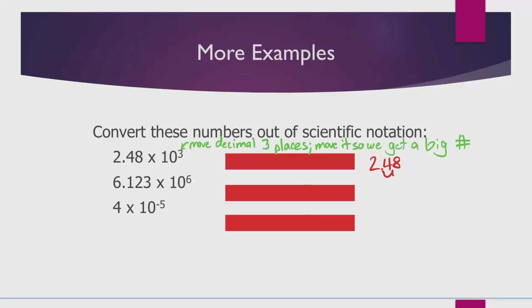So we're going to move to the right 3 spots. We don't have 3 numbers to move it past. So what are we going to do after this 8? What can we add in there? A 0. So we're going to put in a 0. So 2.48 times 10 to the 3 turns into 2,480.